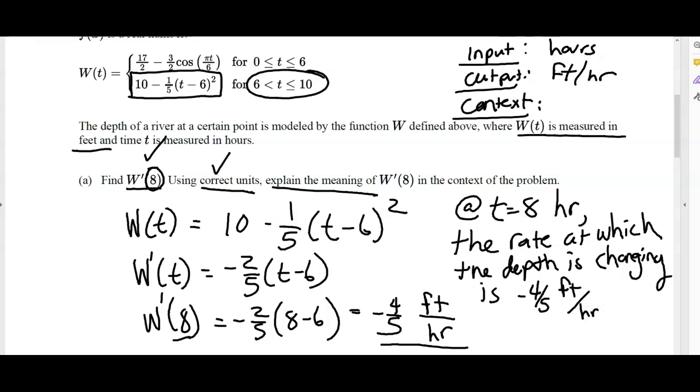So in other words, the river's getting deeper, well, actually less deep apparently, at a rate of 4/5 of a foot per hour. Now, why do I say less deep?